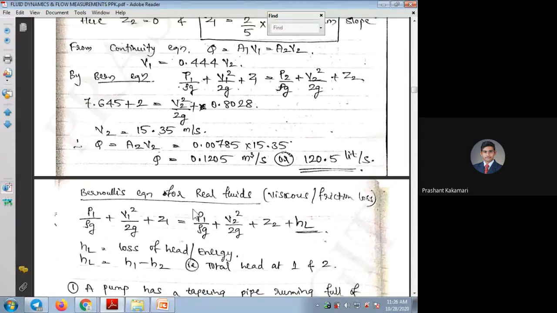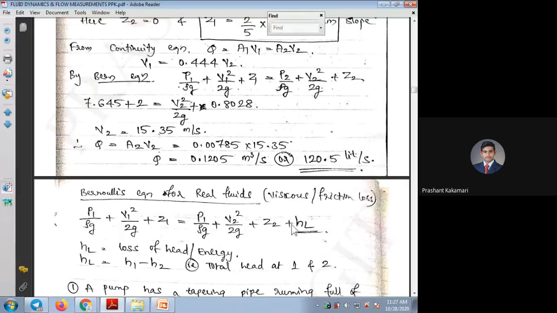This outlet flow may not be equal to the inlet flow, or the sum of all these heads may not be equal in real fluids. So in real fluids, with viscosity and friction losses, those losses you have to add at the outlet side, because once the fluid enters and comes to the outlet side there will be extra losses because of the friction between the pipe and liquid, or the resistance of the liquid between the layers.